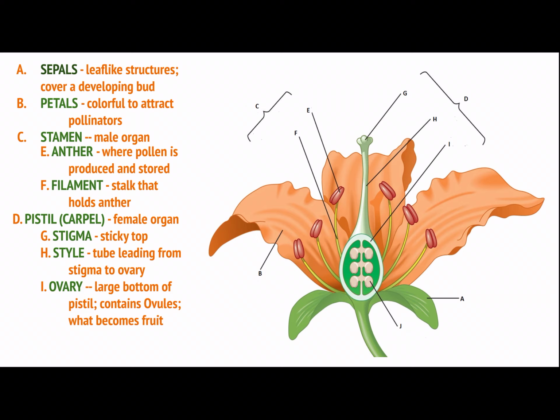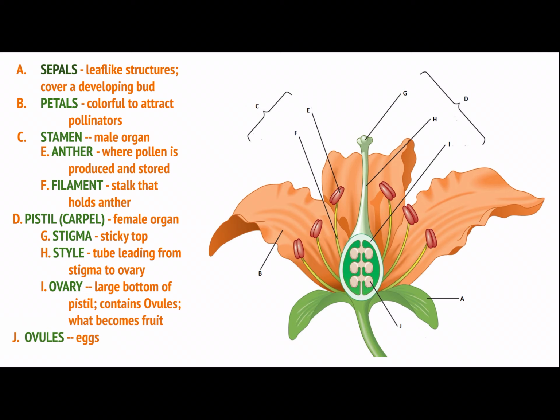Now, the stigma, notice I said it's a sticky top to the pistil. It's sticky so that the pollen will stick to it. So when the wind blows or when an insect flies from flower to flower and deposits pollen by accident, it will stick to the stigma, so that it doesn't blow away, so fertilization can occur.